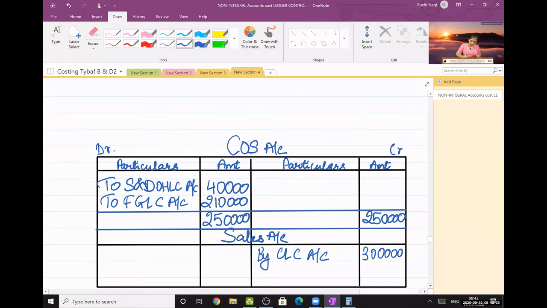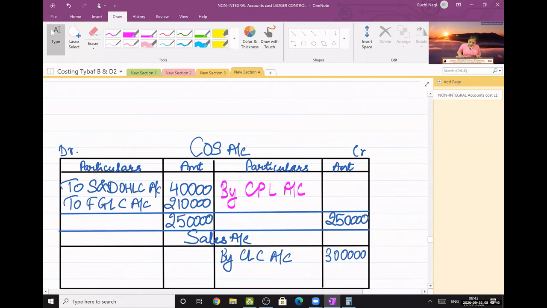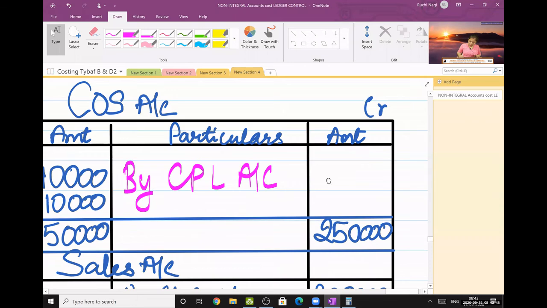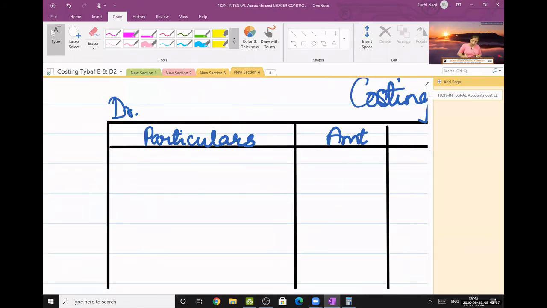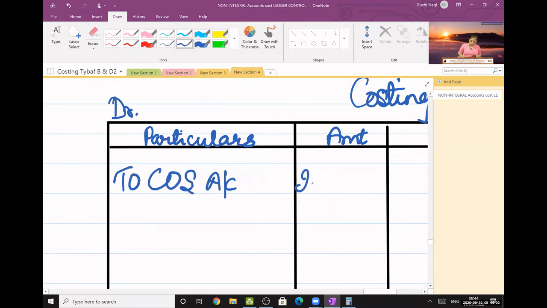Balance will also be the same. Take the balance obviously to CPL, 2 lakh 50. Take the second effect to CPL, on the debit side. To cost of sales account 2 lakh 50. Give the second effect.